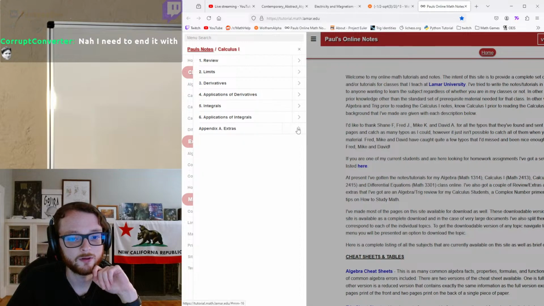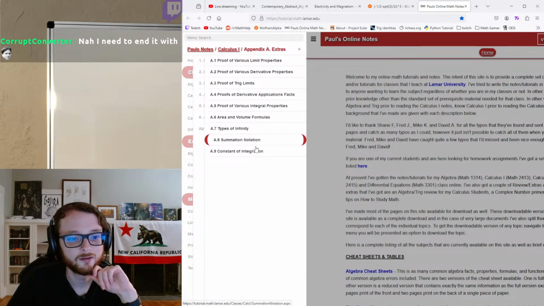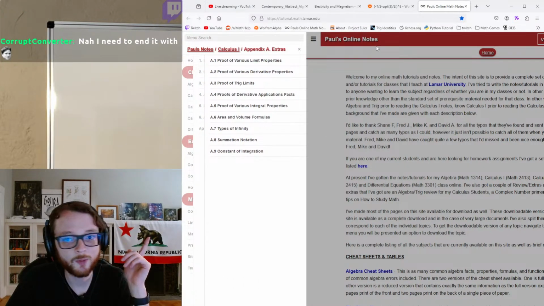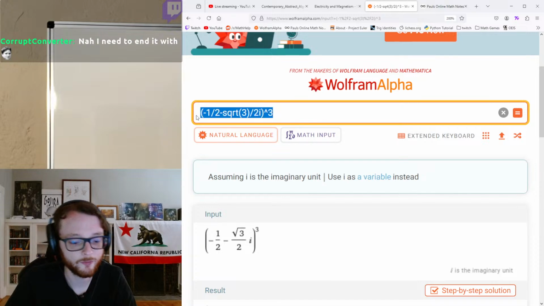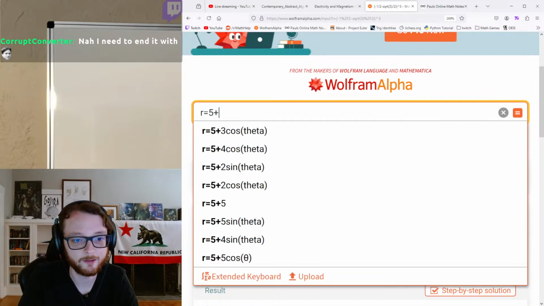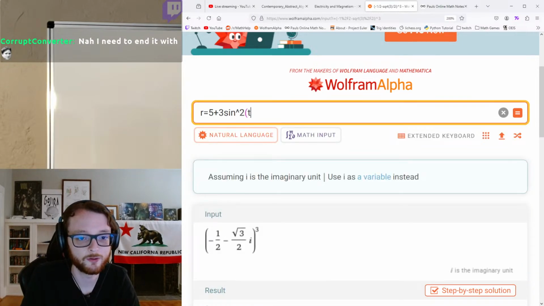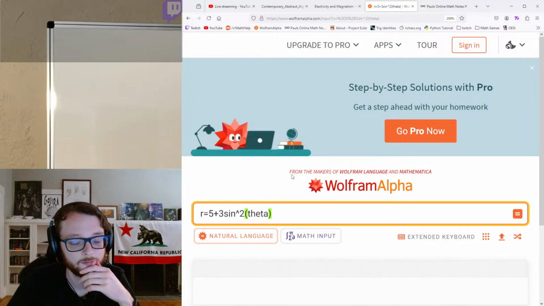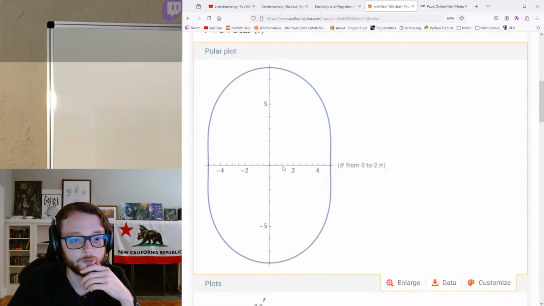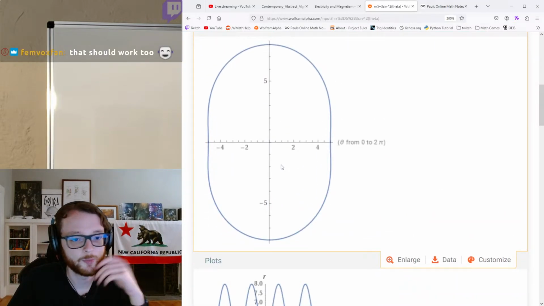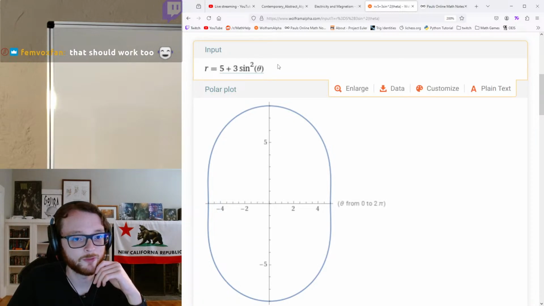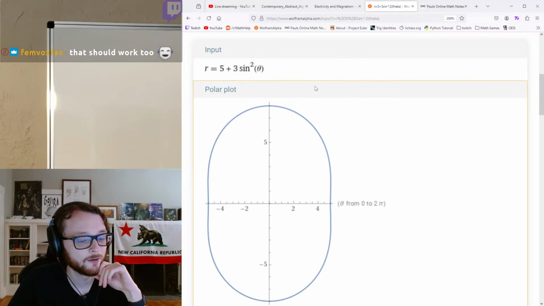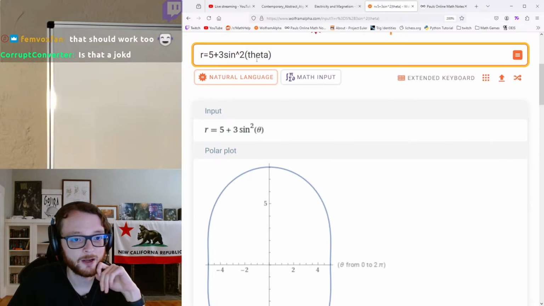I don't remember. You don't get made to graph super annoying things like r equals 5 plus 3 sine squared theta or something. Oh, I guess that's a pill shape. But you don't have to graph annoying things like this, which is a relief. I forget how you even make the flower-looking things.